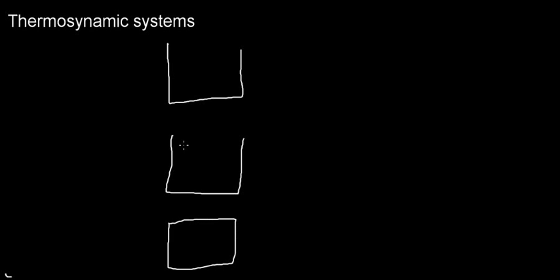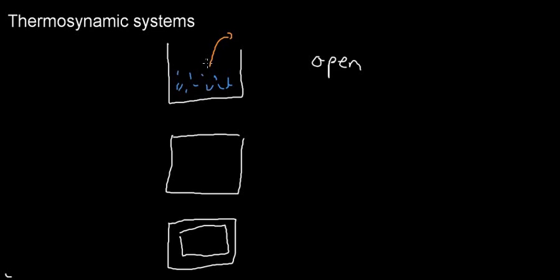We're going to talk about what systems are, and we should really know this from chemistry. If we don't, it should be really intuitive. I have 3 types of systems in thermodynamics. I have an open system, and an open system means that I can exchange matter, mass, and also heat with my environment.